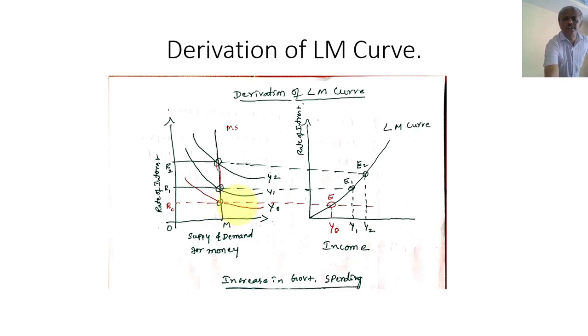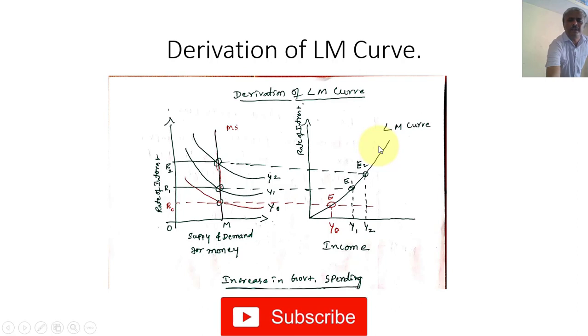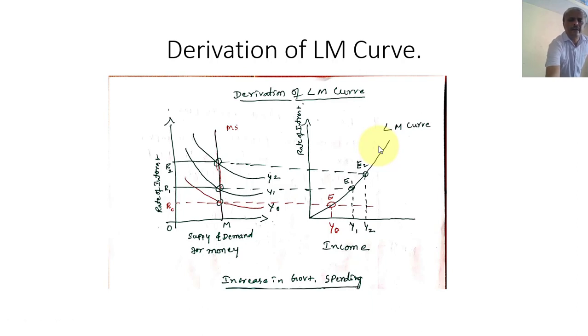To show this relationship in the dotted line, the LM curve can be drawn like this here, okay, which means to say that the various combinations of the interest rate and demand and supply of money are decided with this LM curve. This is how we can derive the LM curve.